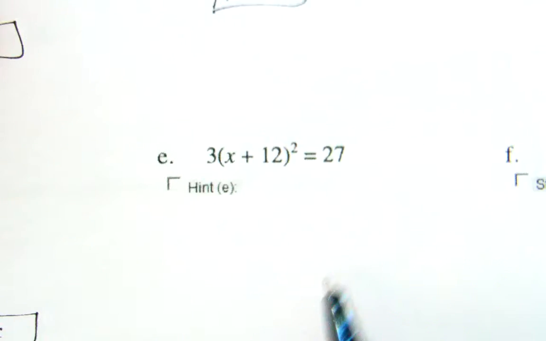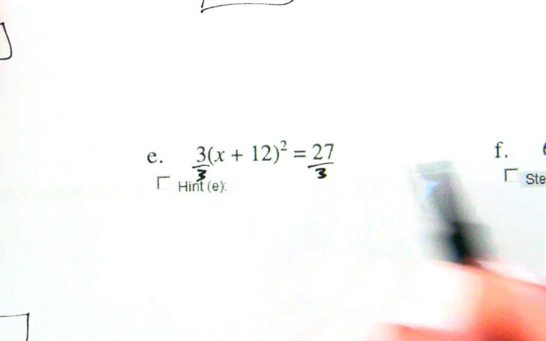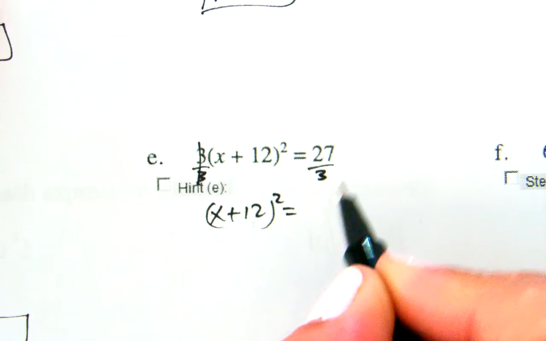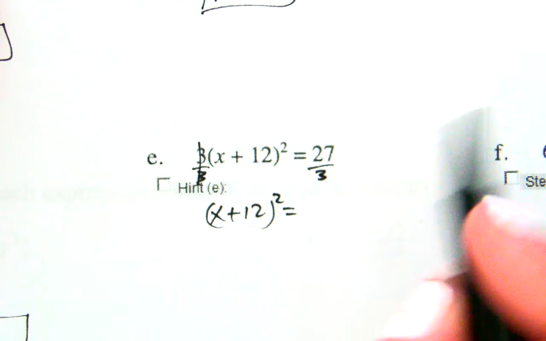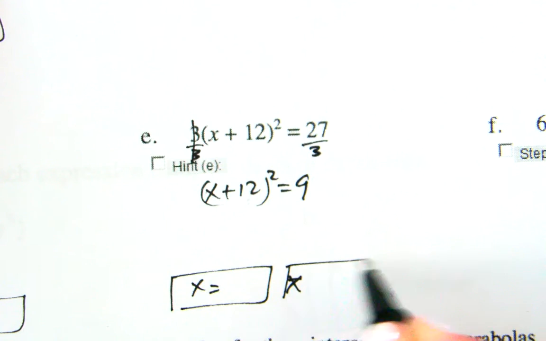Okay? And then this one, I'm going to divide by 3 first. And then I have x plus 12 squared equals, what do we have? 9. Okay, and you should be able to get 2 answers from this one. x equals what, and x equals what.